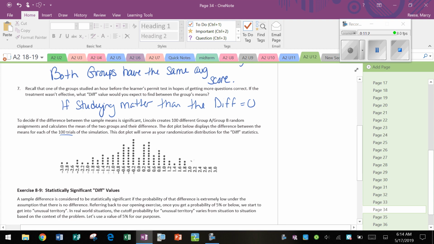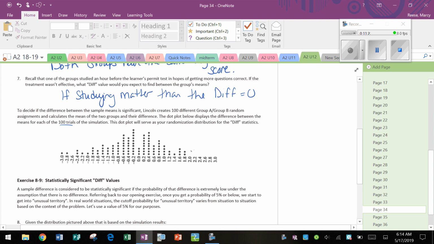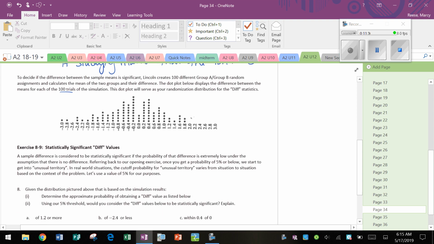Okay? Now, this is where it becomes really important. All right? Really important. So these are the numbers right down below that you've got to make sure that you have. And it's right here. It says a sample difference is considered to be statistically significant.